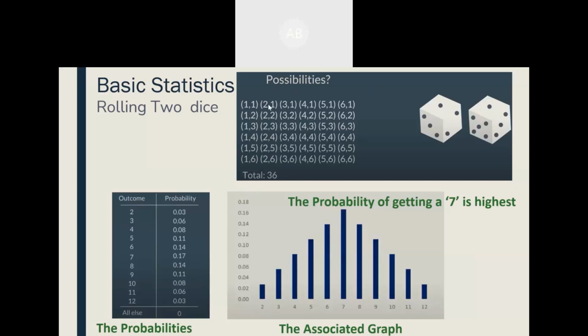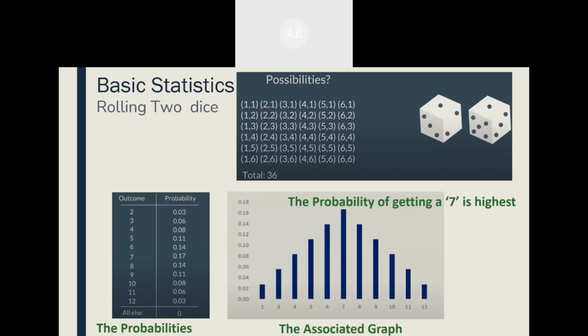It can be 1 1 or it can be 2 1. 1 1 means for the first dice you get a value of 1, for the second dice you get a value of 1. Again, suppose you get a value of 2 in the first dice and then 1 in the second. So in total you get 36 different combinations which are possible.